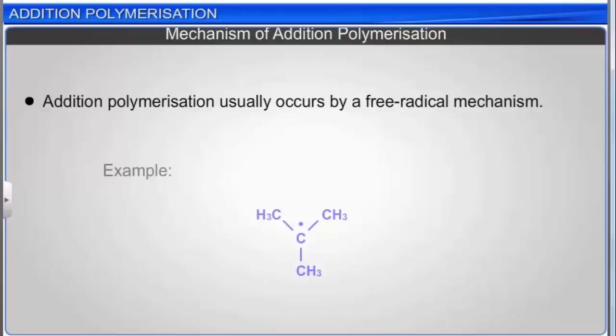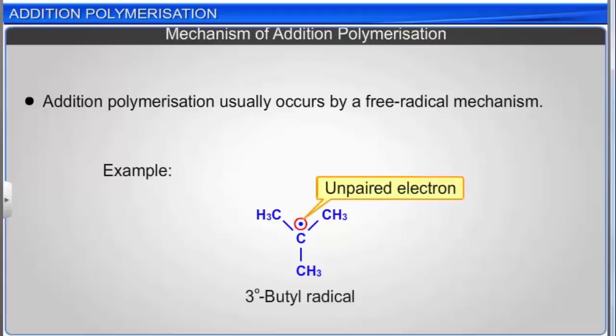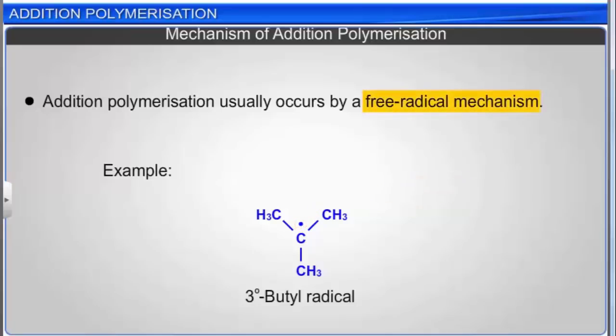Free radicals are neutral, reactive chemical species with an unpaired electron. For example, the tertiary butyl free radical illustrated here. We need to take a detailed look at the free radical mechanism for addition polymerization.